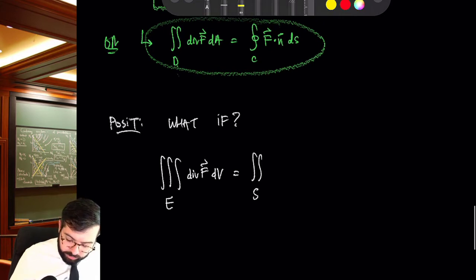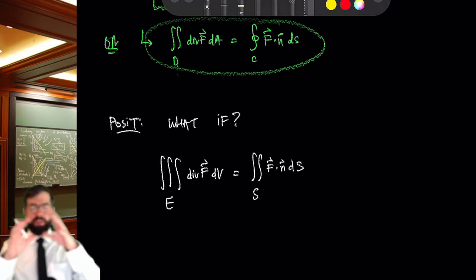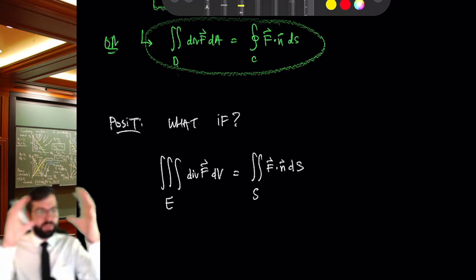the integral across the surface, which is a boundary, right? What's the boundary of a solid region? It's a surface around the outside.